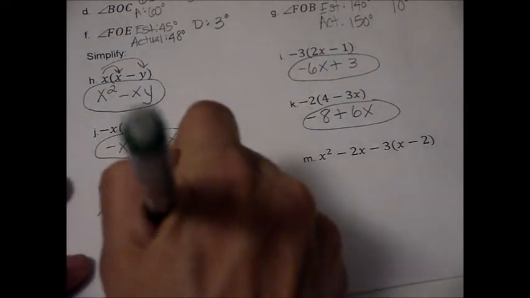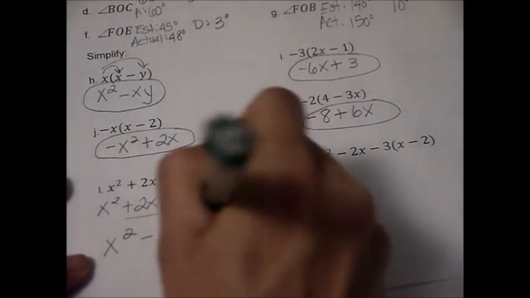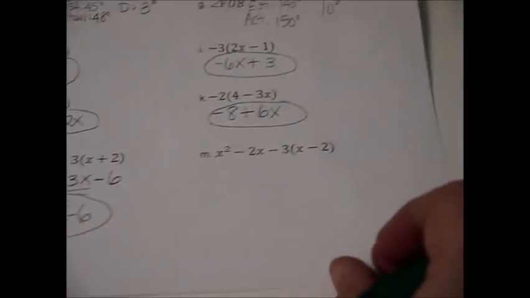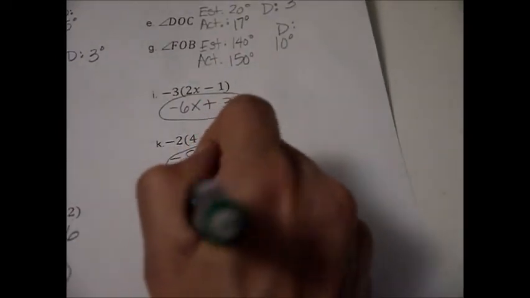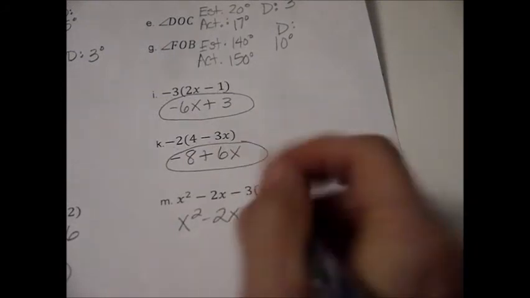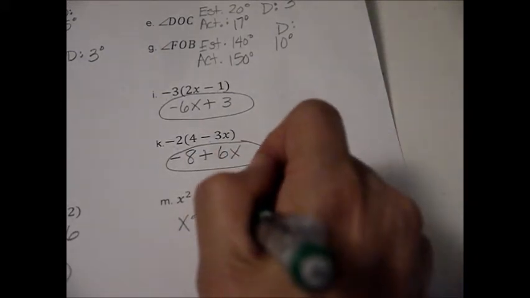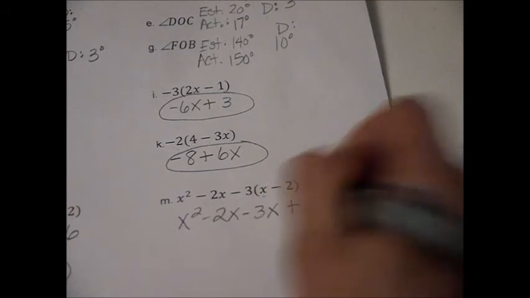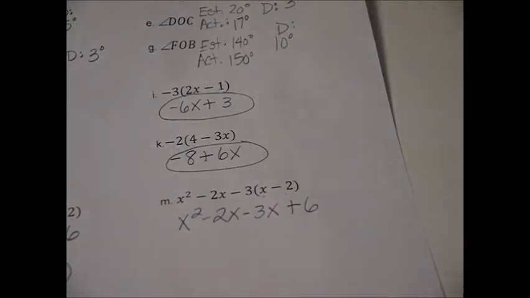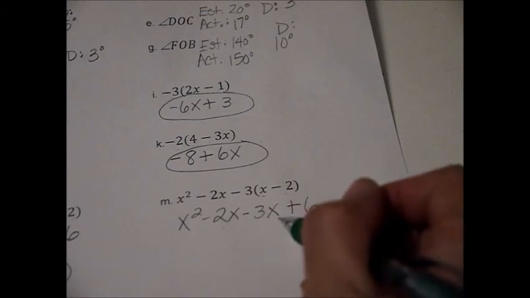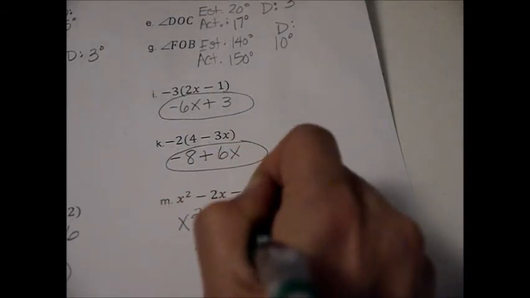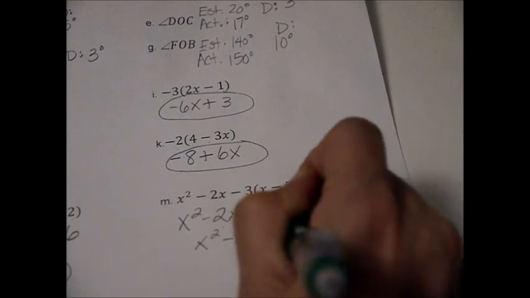So I'm just going to say minus x minus 6. Okay. And this one, again, these two just hang out and wait. Negative 3 times x is minus 3x, and that's a plus 6, negative 3 times negative 2. Combine our like terms, minus 2x and minus 3x is minus 5x. So x squared minus 5x plus 6.